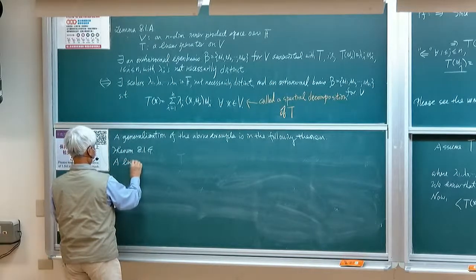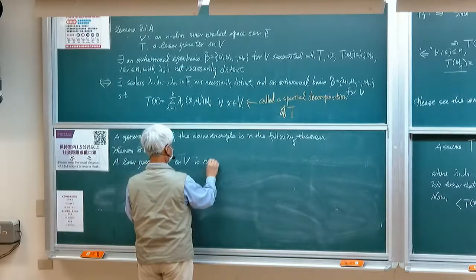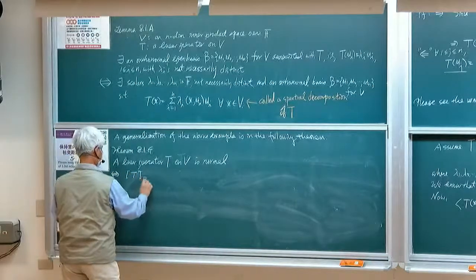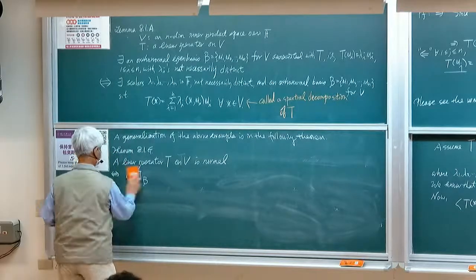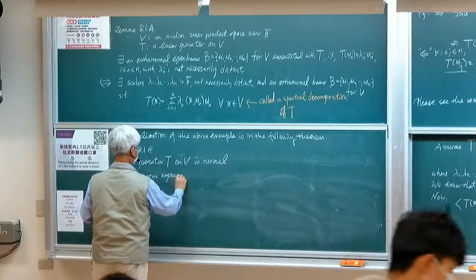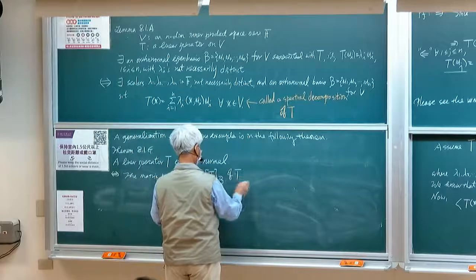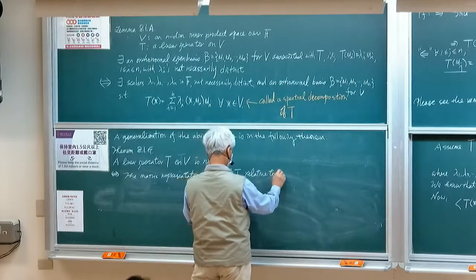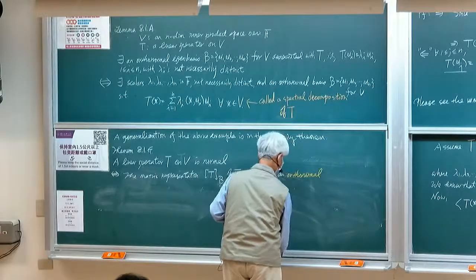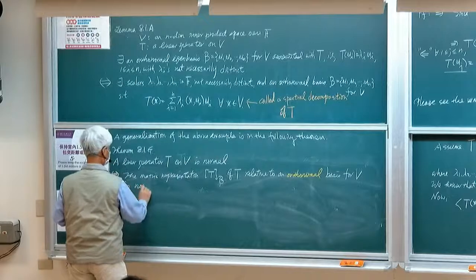A linear operator T on V is normal if and only if the matrix representation of T relative to an orthonormal basis for V is normal.